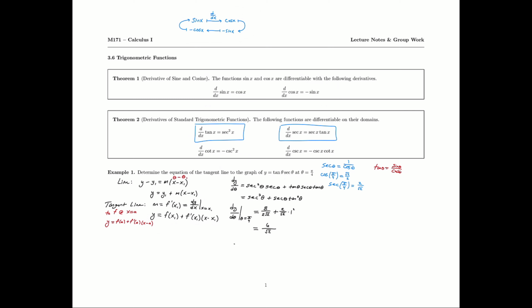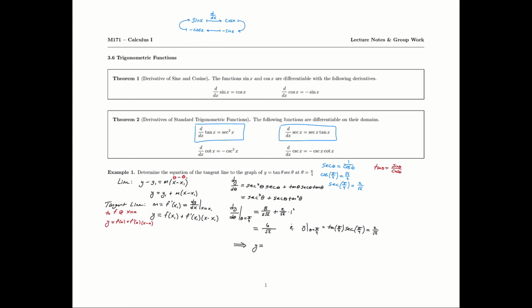So that's our slope. That means our equation of the tangent line, if we're using thetas, would be y equals our y value, which we need to get. So let's figure this out. y at theta equals pi over 4 is just tangent of pi over 4 times secant of pi over 4, which is 1 times 2 over root 2.